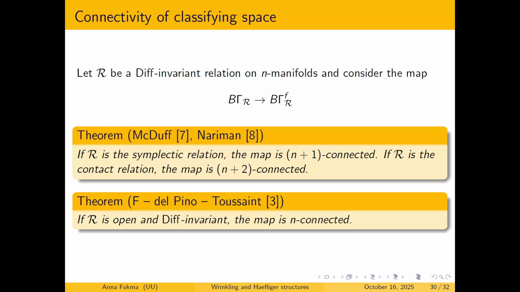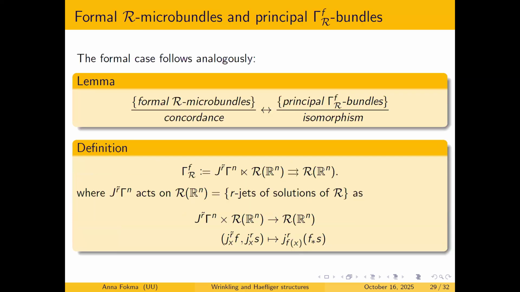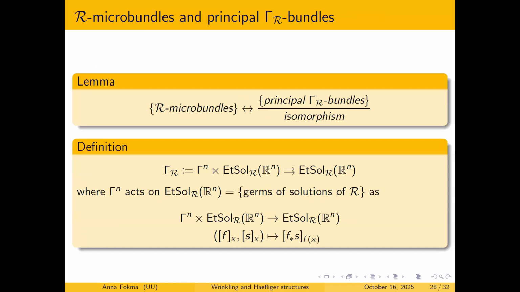Well, what was the space of objects for gamma R? I forget. It's the germs of solutions. What you could do is this groupoid is Morita equivalent to taking the same groupoid, but now with germs around 0.